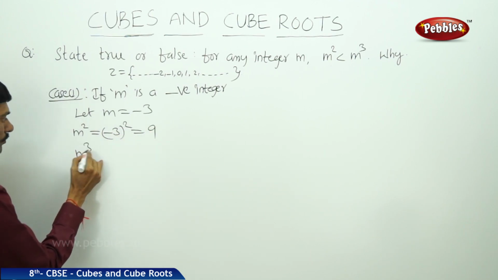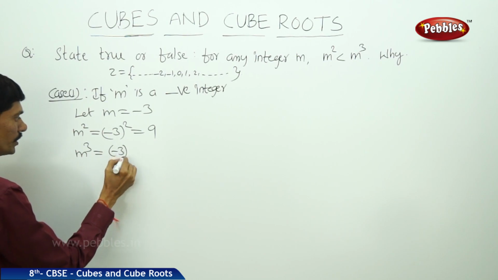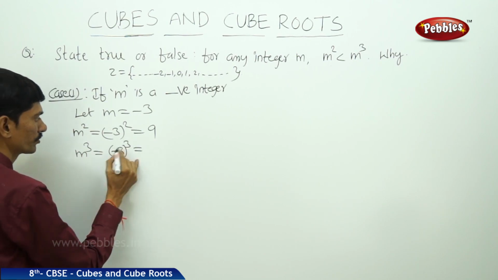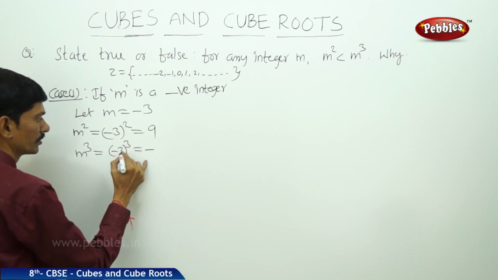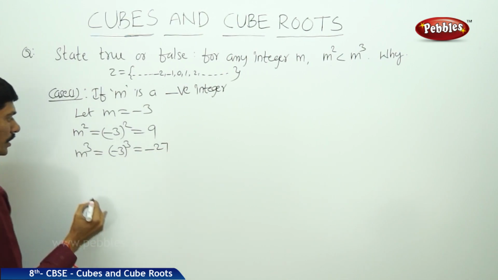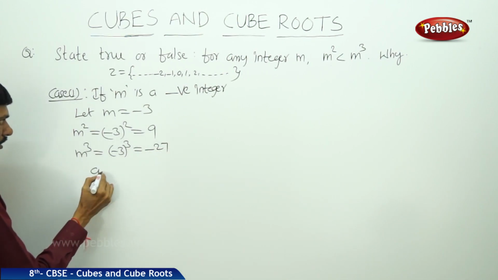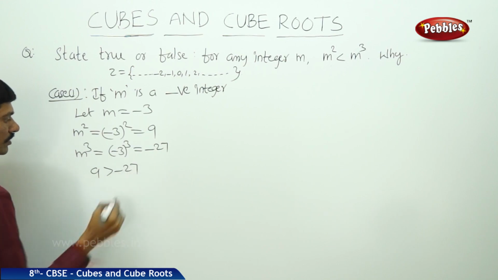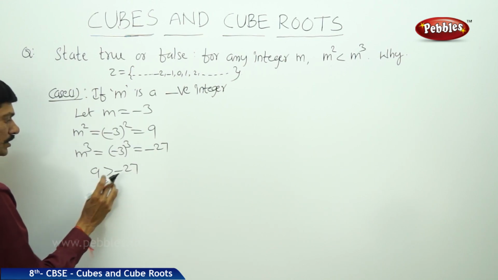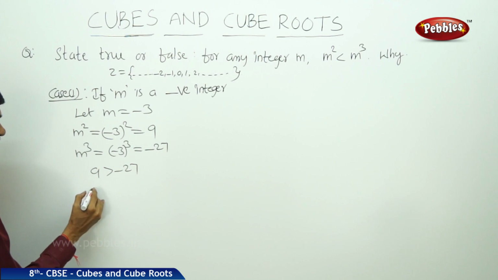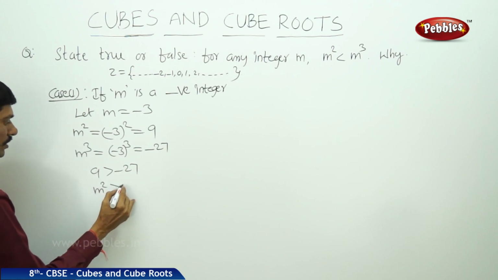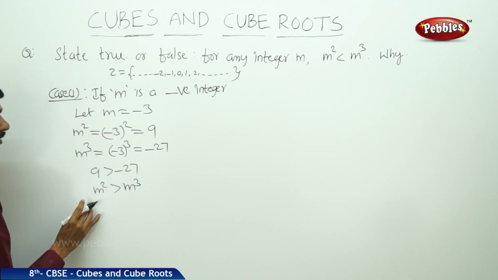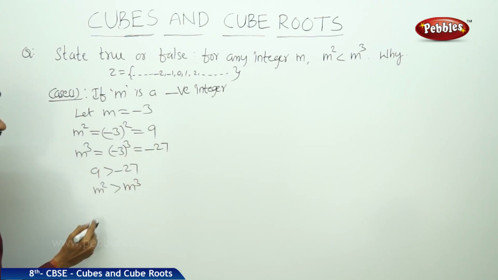Whereas m cube equals -3 whole cube, which is -27. But here we got that 9 is greater than -27. So a positive number is greater than a negative number. That means m square is greater than m cube. But it is given that m square is less than m cube.